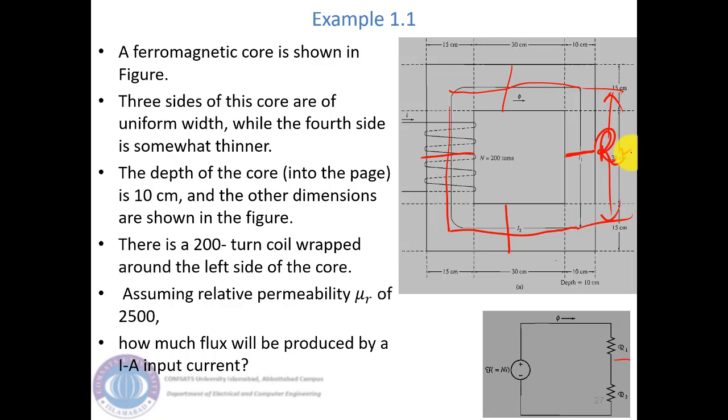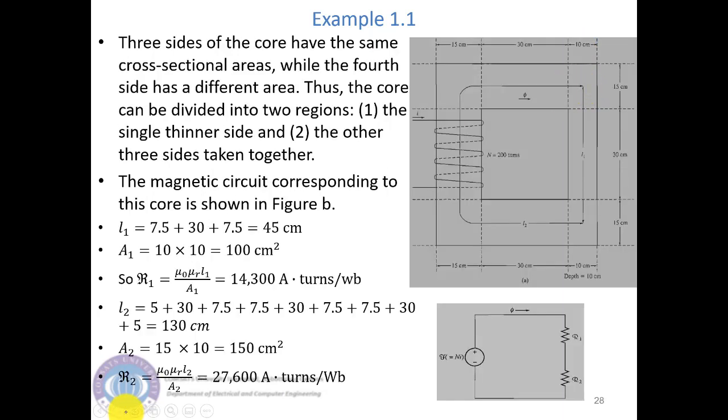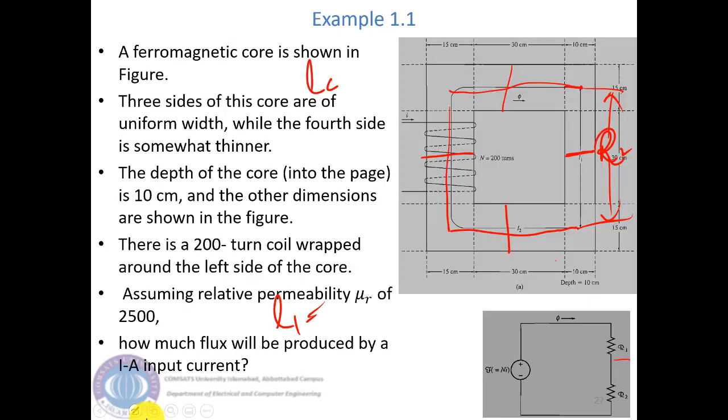So the first thing we need to calculate is their mean path length, which is LC. For R1 we call it L1. Because we are taking the mean path length, we will start from this point. From this point to this portion, that would be half of this 10 centimeter, so it will be 5 centimeter.